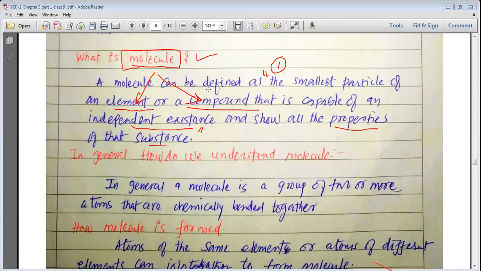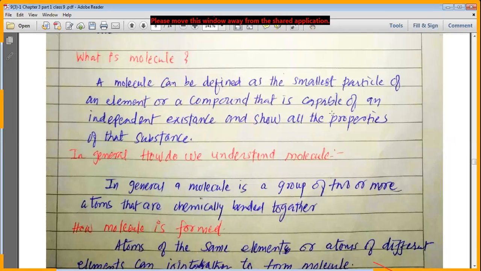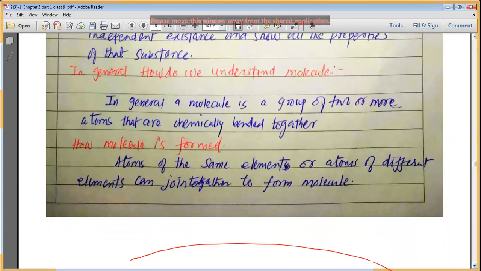A molecule is the smallest particle of an element or a compound that is capable of an independent existence and shows all properties of that substance. I hope, my dear students, by remembering those three points, and by remembering that the molecule can be of an element or of a compound, you can easily remember the definition.